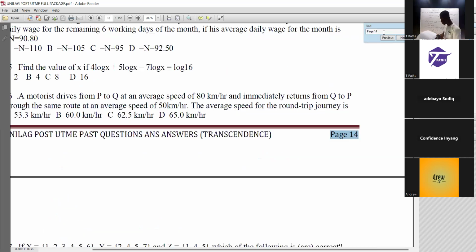The question is on page 13, question 33. Open to page 13, question 33. We are given grouped data. We are asked to calculate the mode and the median. I'll clean this.